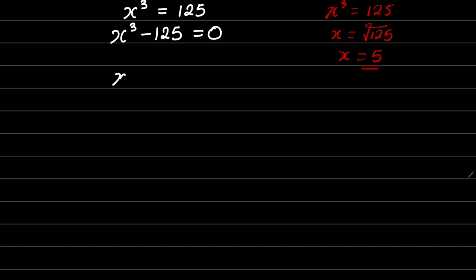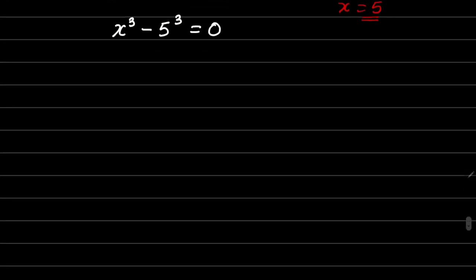Now, this is x cubed minus 5 cubed is equals to 0. This is one way to do it. Now, once you have this, the next step is to note this expression. Let me not use x this time, let me use a so that it will be contrasting.